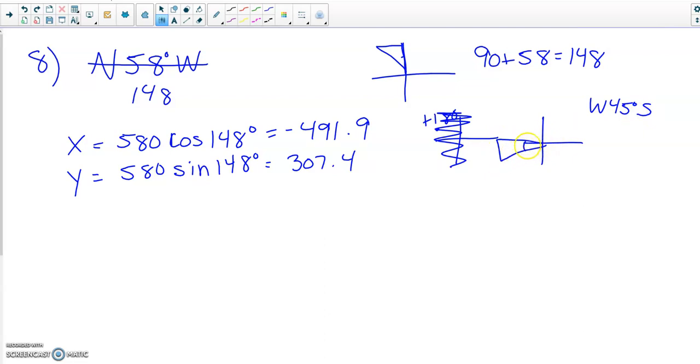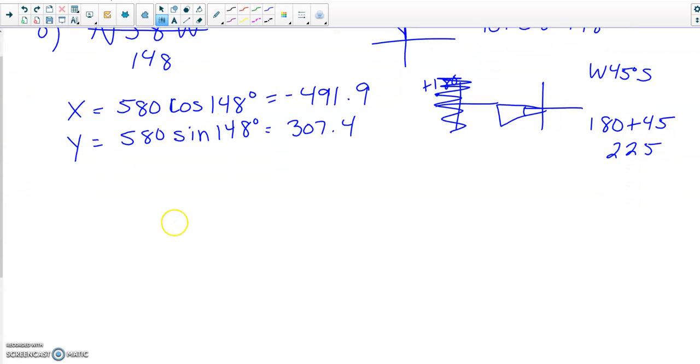Okay, so here we go. We're touching 180 degrees. We're going past 45, so that would be 225. So new x values. x equals, what was that number again? 60 cosine 225, and I get negative 42.4.